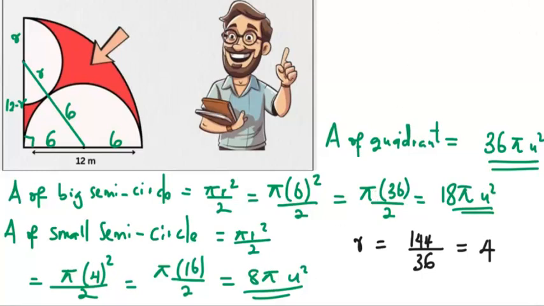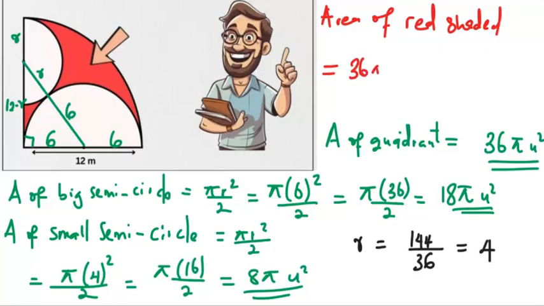Therefore, the area of the red shaded region is going to be equal to 36 pi minus 18 pi minus 8 pi.